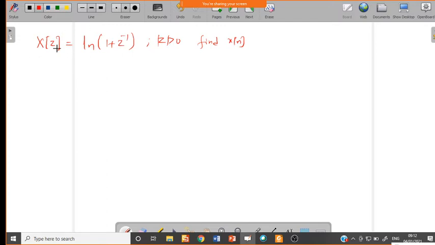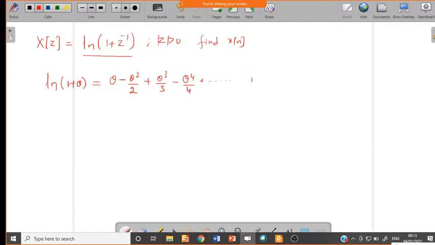For this one, again we have the standard equation for ln of 1 plus theta. That form you take and you can get the signal. This will be given by theta minus theta square by 2 plus theta cube by 3 minus theta power 4 by 4, and it will go on.